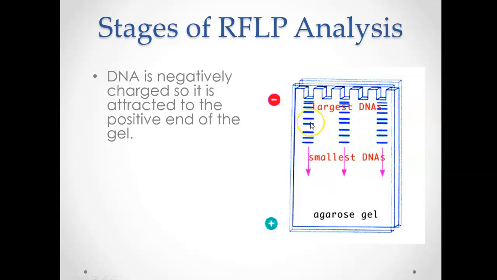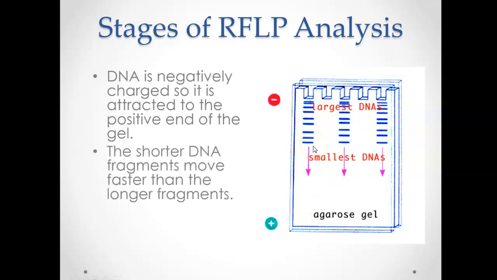So what you get is a banding pattern that is unique to you and nobody else, unless you have an identical twin, and then you'll have the same banding pattern. But assuming you don't have an identical twin you don't know about, your banding pattern will be different, and this is your DNA profile. This is what makes you unique and special and different than everyone else.